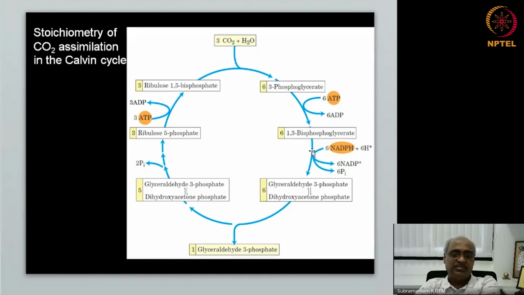So the energy produced, remember, was produced by the proton gradient created in the thylakoid membrane. And you remember at the end of the photosystem, the electrons are transferred to NADP, which is reduced to NADPH. So that's how we have these inputs going in, and this is the net output.